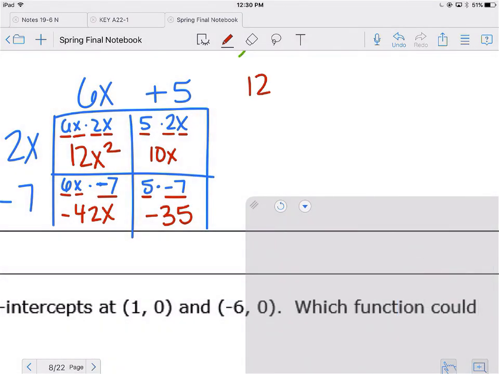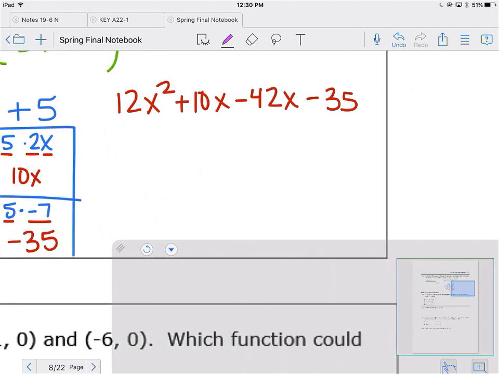So I have 12x squared, a positive 10x, a negative 42x, and a negative 35. That's what the box gave me.